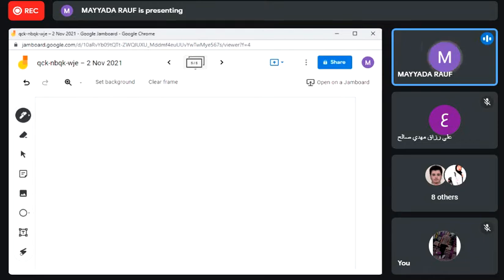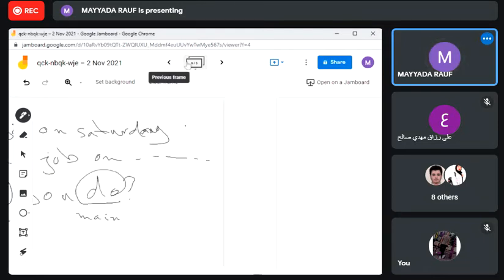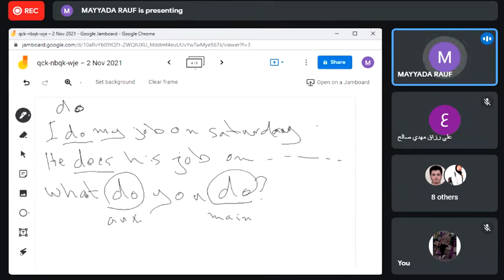So here we explained how we can use do as a main verb and as an auxiliary verb.